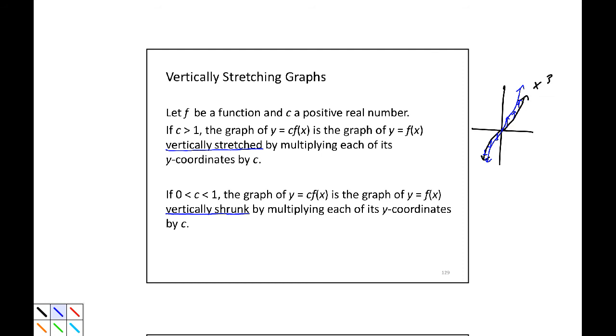Similar to what just happened, if our value is between 0 and 1, the y values are closer. If you multiply something by a half, it gets smaller. Our values of y get closer to the x-axis. Therefore, it looks like the function has been shrunk with regards to the y direction.